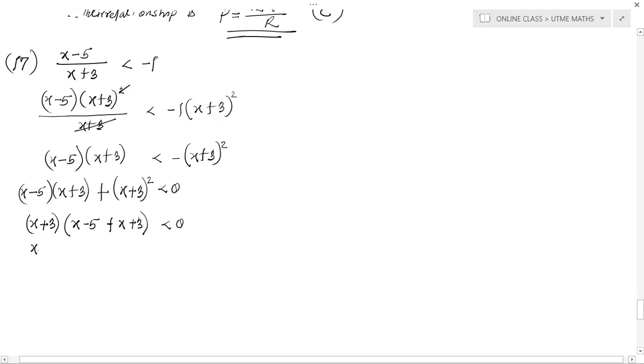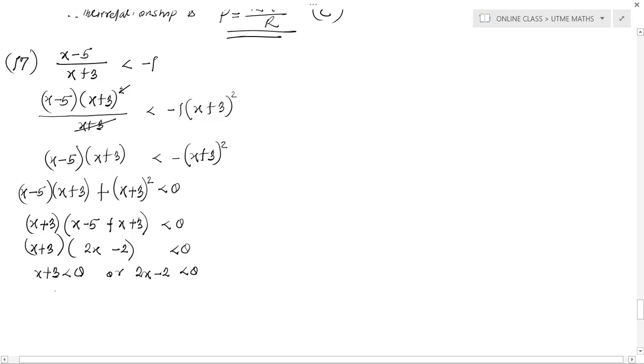So we now have x plus 3 in bracket. x plus x is 2x, then minus 5 plus 3 is minus 2, is less than 0.